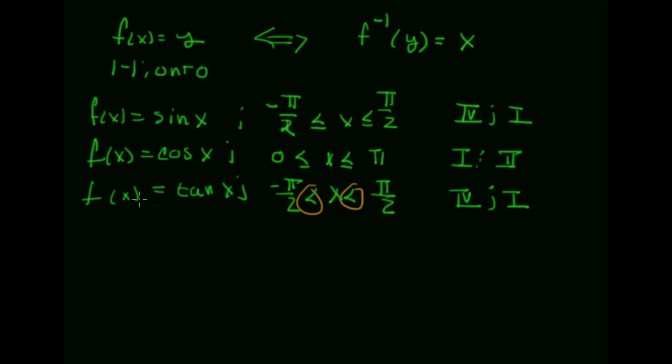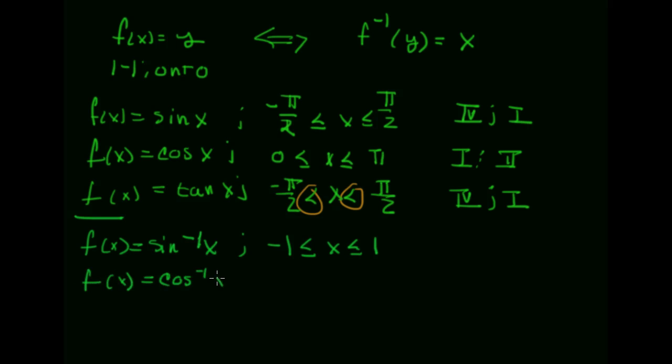So if I restrict this way, I get a sine inverse of x, which is going to be restricted from negative 1 to 1, because negative 1 is the minimum value that the sine can take, and 1 is its maximum value.